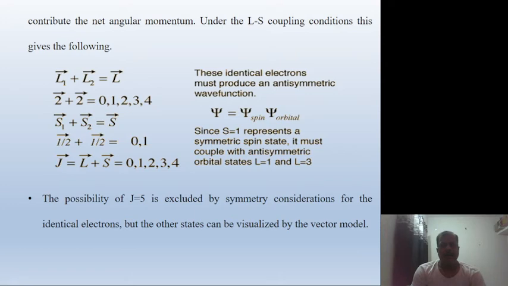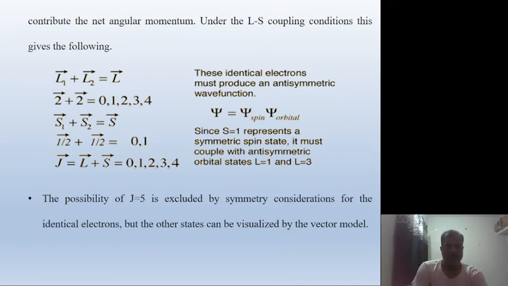Under the LS coupling condition, this gives the following details. L1 plus L2 is equal to capital L. L1 value is 2 and L2 is 2. The total angular momentum is 4. The values are 4, 3, 2, 1 and 0. These are the values of angular momentum.